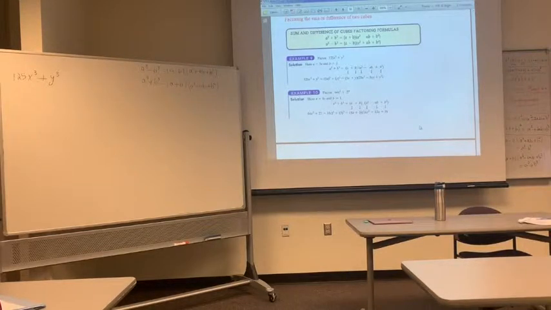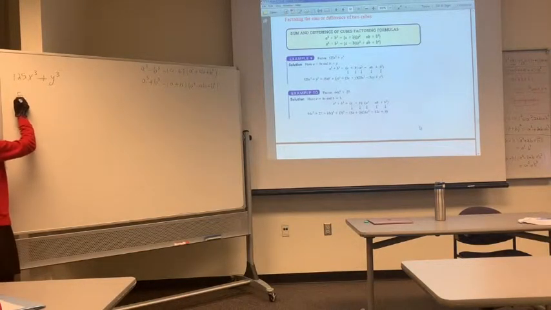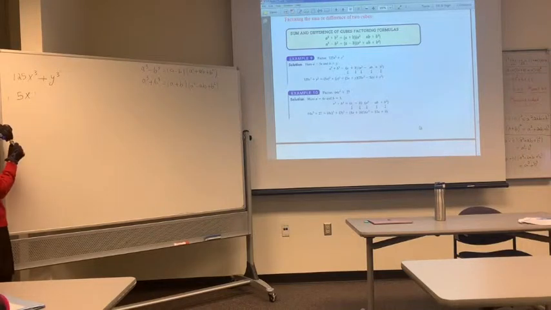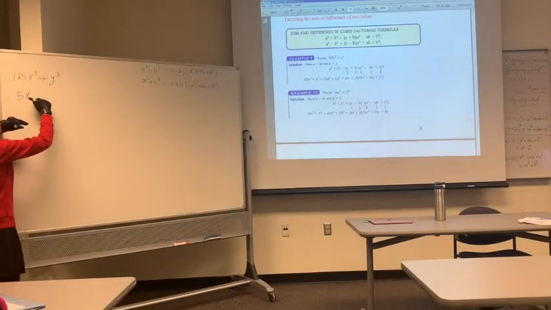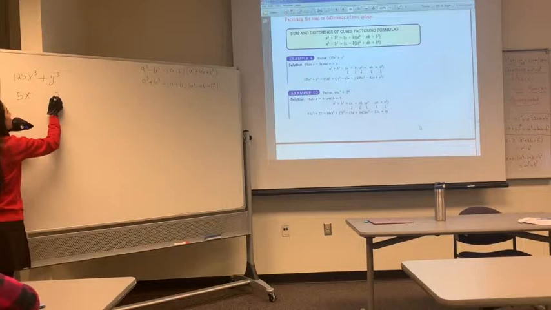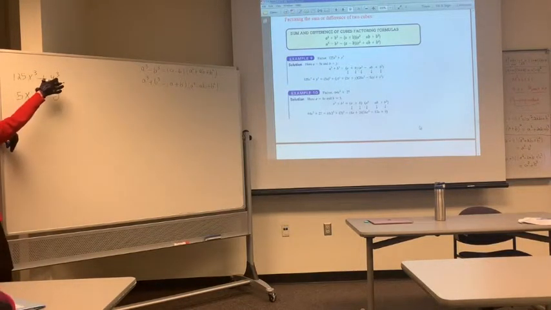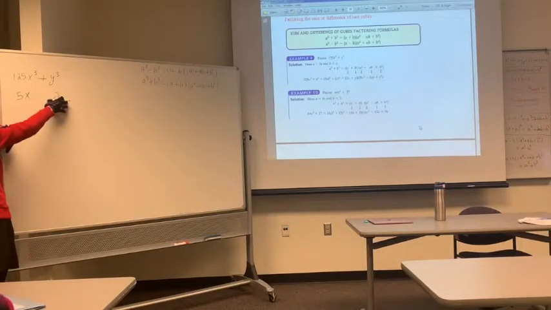So 5 multiplied by 5 multiplied by 5 gives us 125, so 5 was that number. But what about x? 5x, because 5x power 3 is 125x power 3. And then this one was y. So this is the cube of 5x, this is the cube of y.